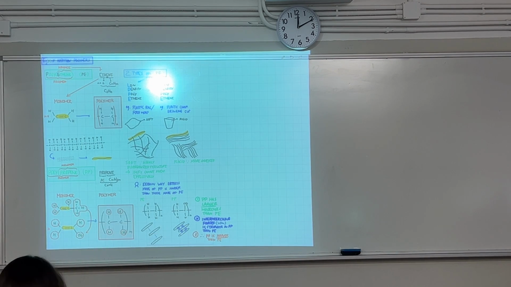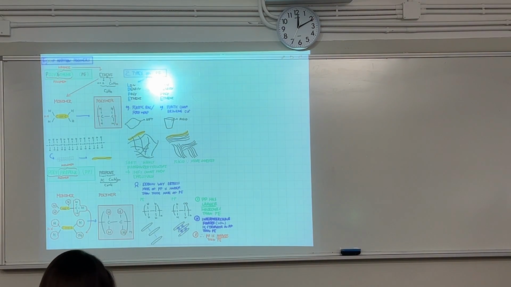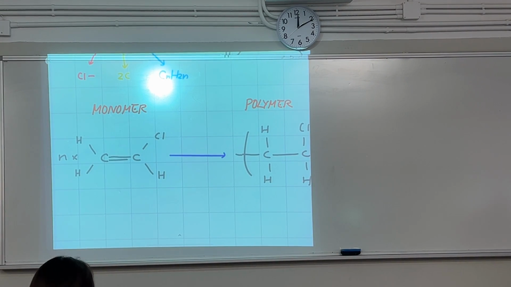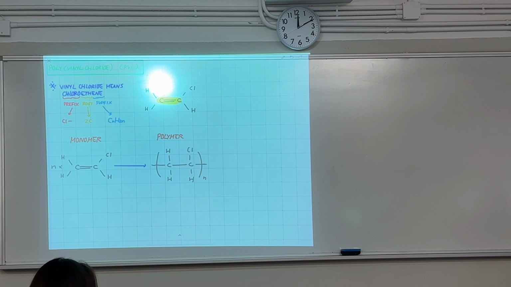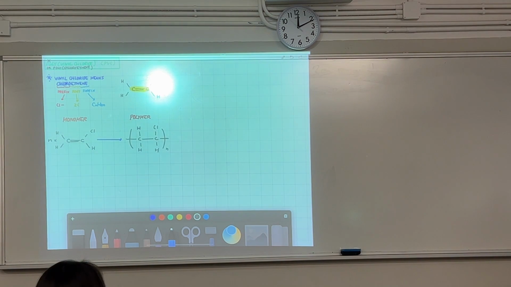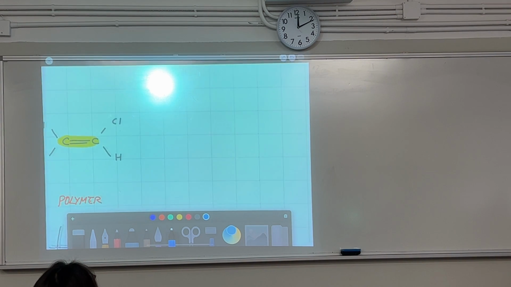So you have n times ethene becoming polyethene. And here we have n times chloroethene becoming polychloroethene or polyvinyl chloride. So you can also write down the other name, polychloroethene. So PVC, there are 2 types, just like there are 2 types of polyethene.